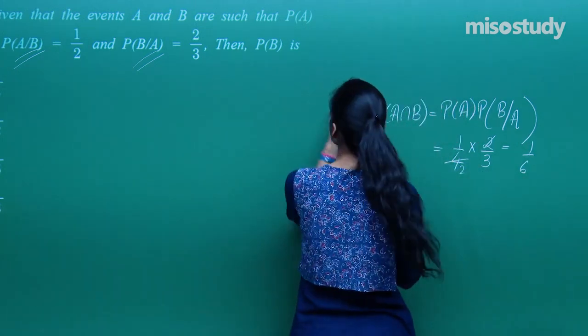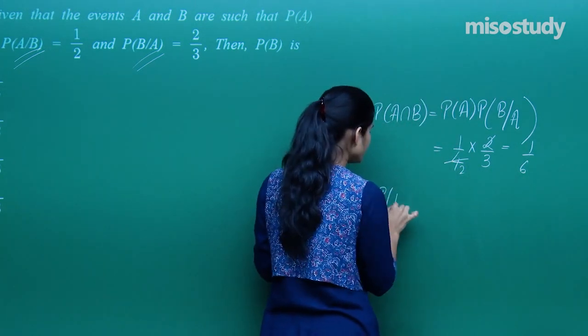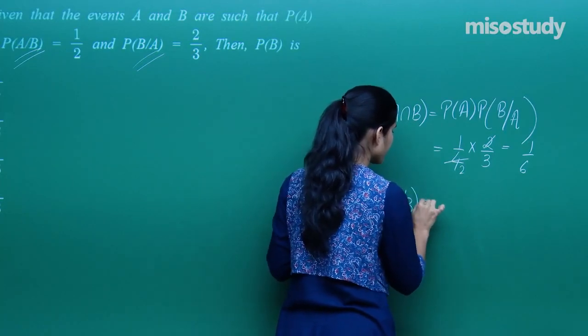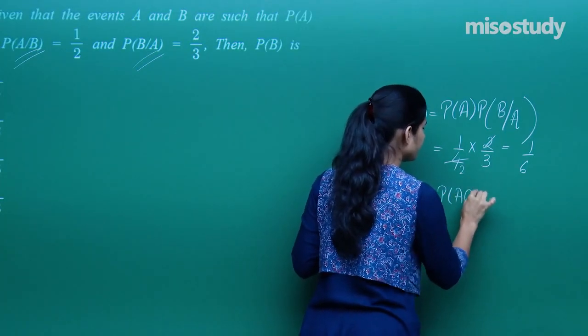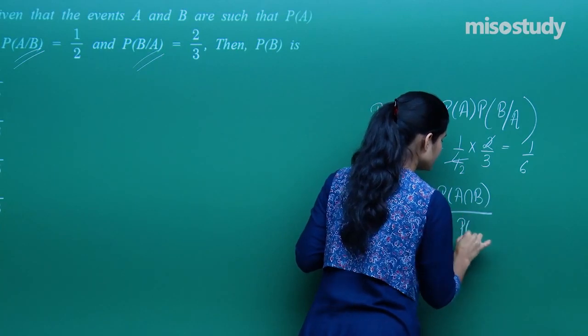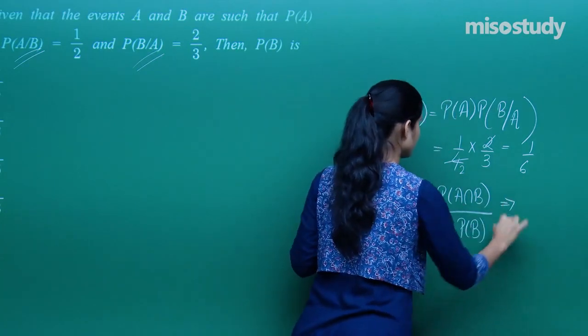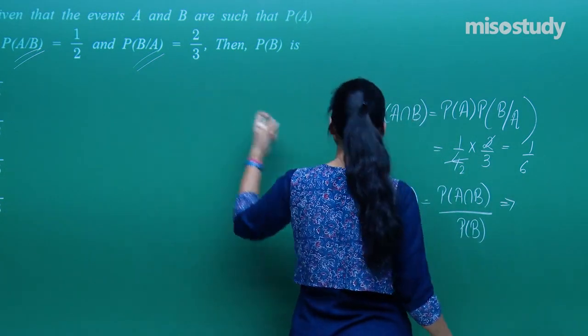Now I am interested in probability of B. I know that probability of A by B is probability of A intersection B upon probability of B. Probability of A by B is given to me as 1 by 2.